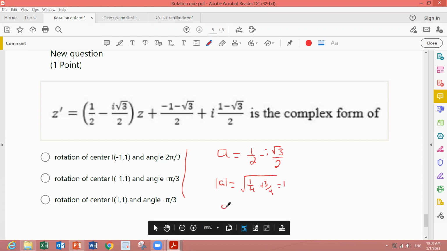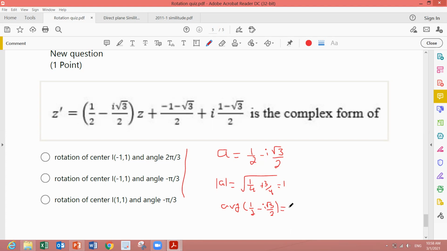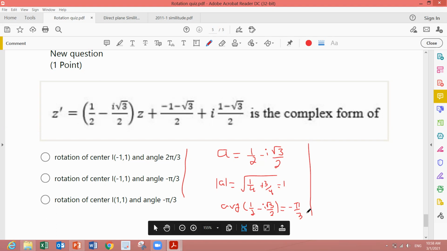The argument of A, how much is the argument of half minus i radical 3 over 2, using your calculator? Do you still remember how to find the argument? Mode complex, yes. 1 over 2 gives negative minus pi over 3. Multiply it.